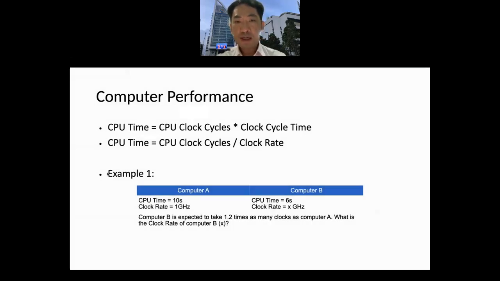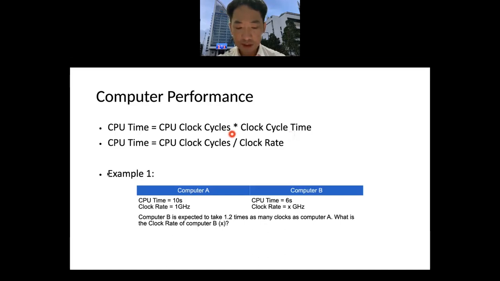And because we assume that the queuing time is 0, the execution time, we can assume, is equal to the CPU time. And CPU time is the number of clock cycles that the CPU uses to execute the job times the CPU clock cycle time.